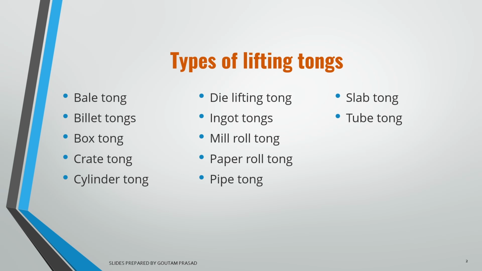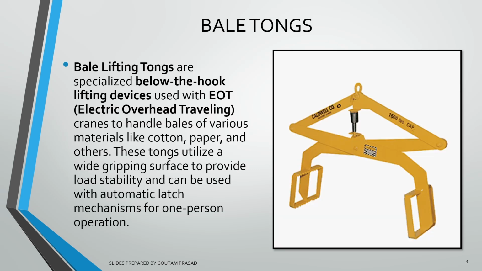Basically, there are different types of tongs we are discussing here. There are different types of lifting attachments apart from the tongs we use in the EOT cranes. So we will go through them also.